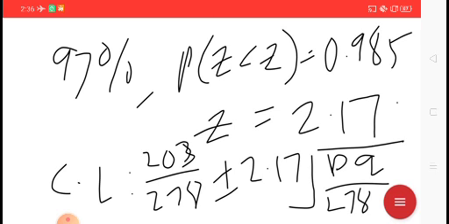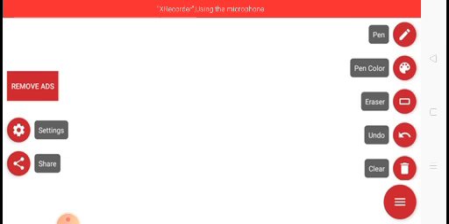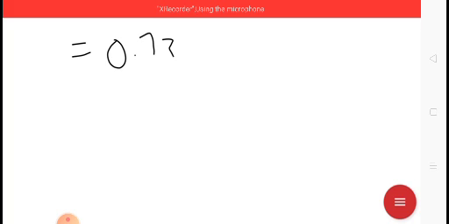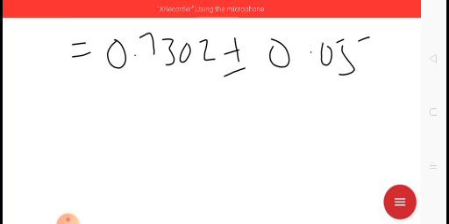Okay, so once you simplify and calculate, you may have something like 0.7302 plus minus 0.0577. This is your confidence limit.